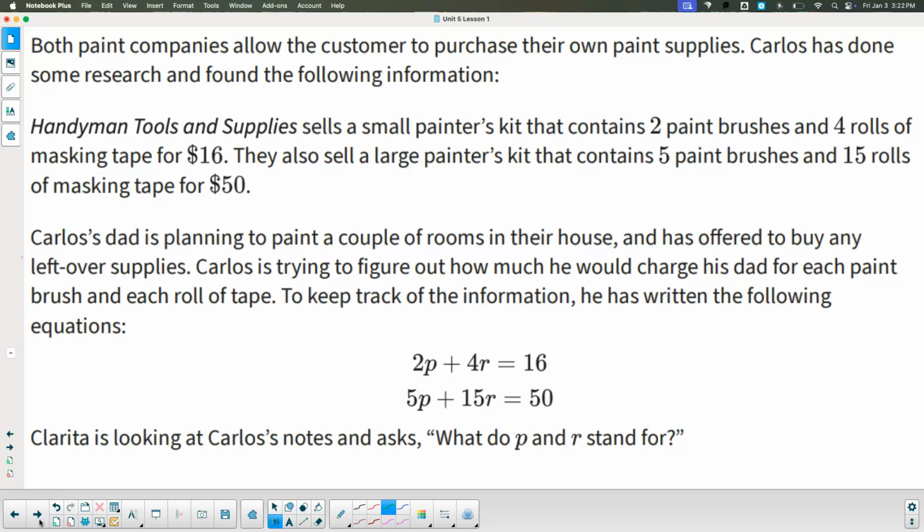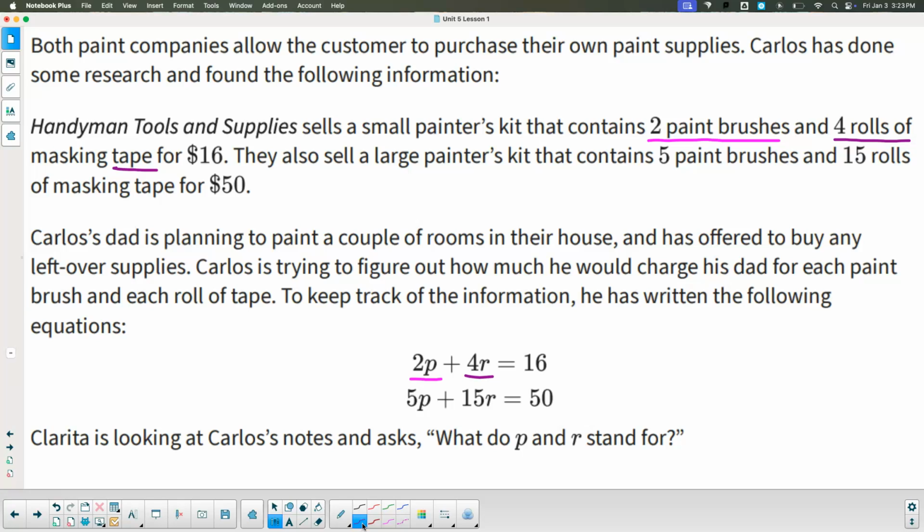To keep track of the information, he has written the following equations. Clarita looks at Carlos's notes and asks, what do P and R stand for? Well, if we look back up here, we have 2 paintbrushes, 4 rolls of tape, $16.